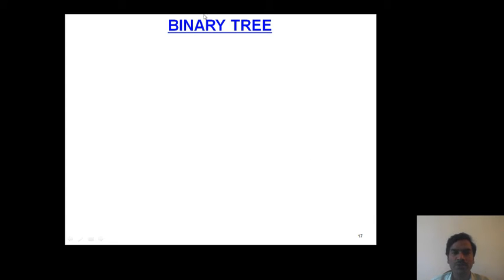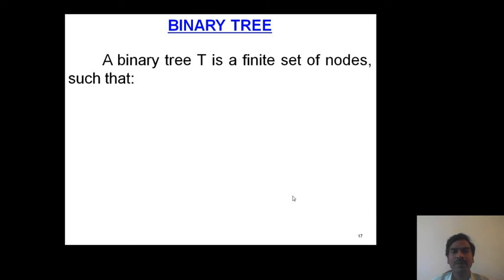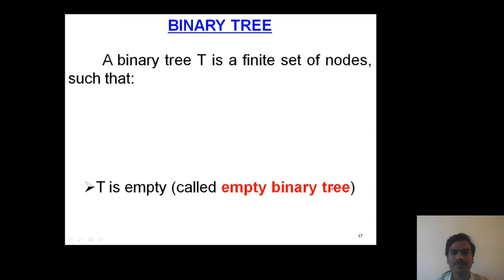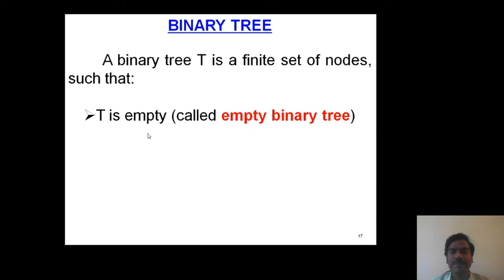Binary means 2. So here, for a binary tree, assume capital T is a finite set of nodes such that T is empty. In such cases, the tree is treated as an empty binary tree.